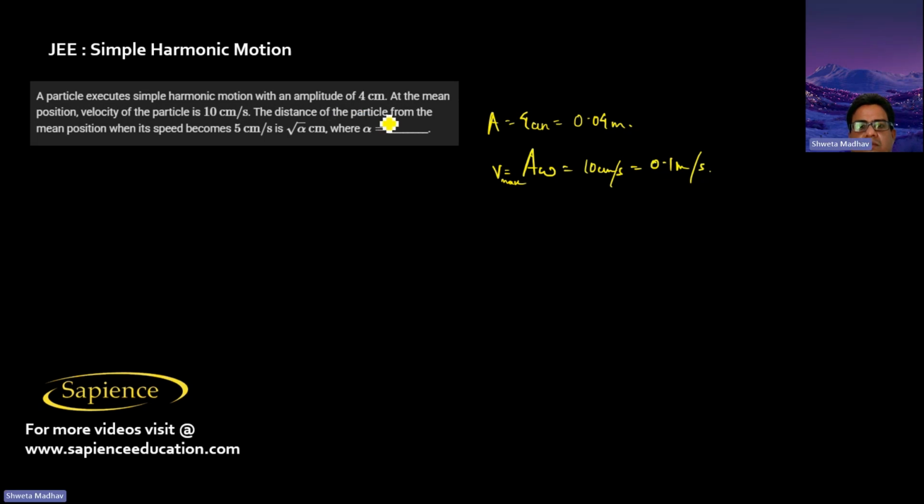The distance of the particle from the mean position when its speed becomes 5 centimeter per second is root alpha centimeter. So at x equal to root alpha centimeter, the velocity is 5 centimeter per second, means it is a omega by 2.